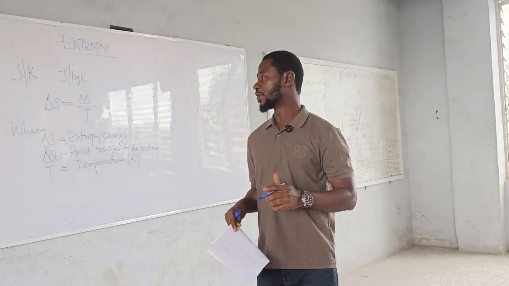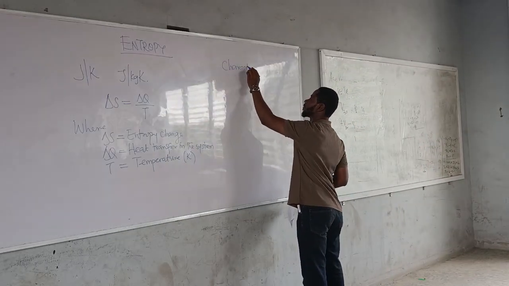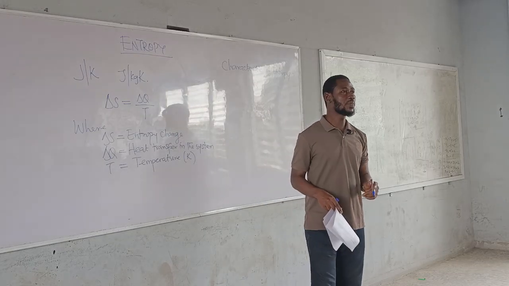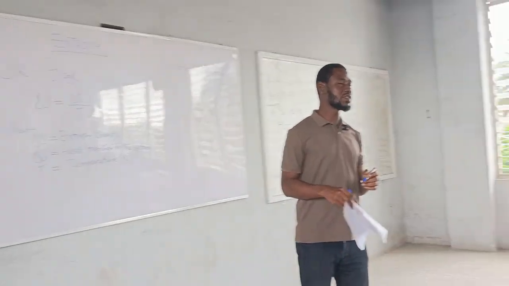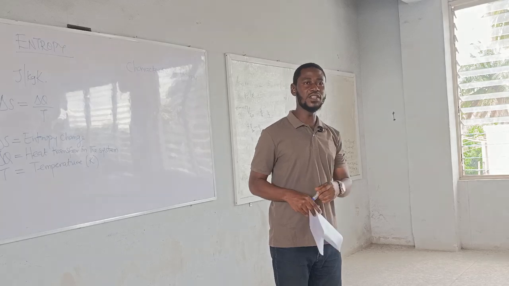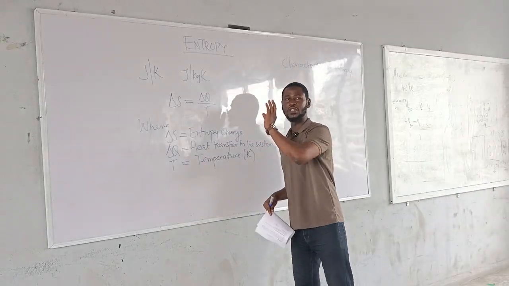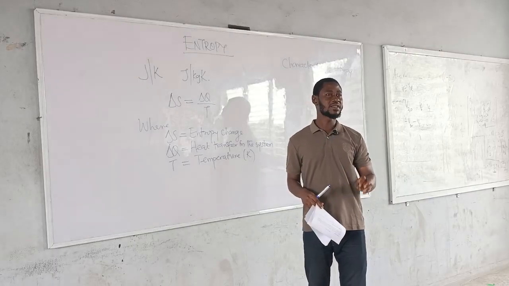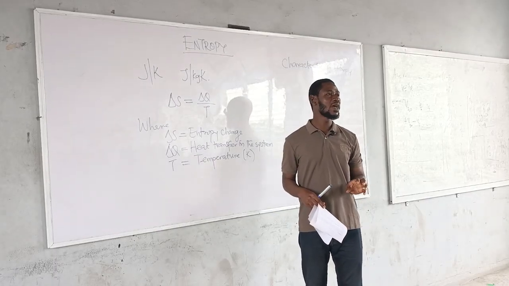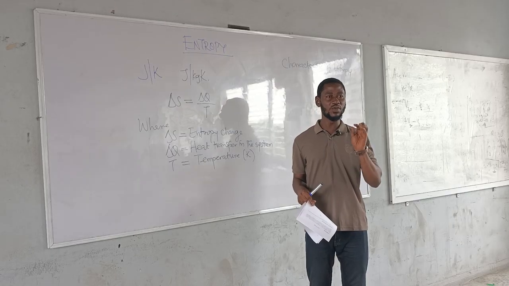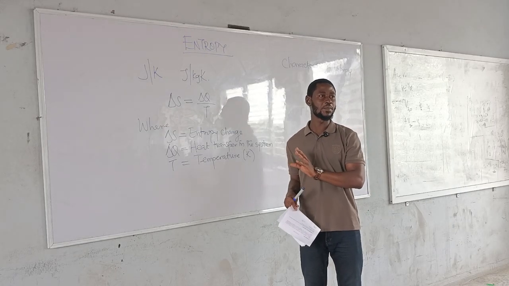Characteristics of entropy. One: entropy increase in a given system occurs as a result of heat being transferred into the system. The second characteristic is entropy decreases when heat is being removed from the system.